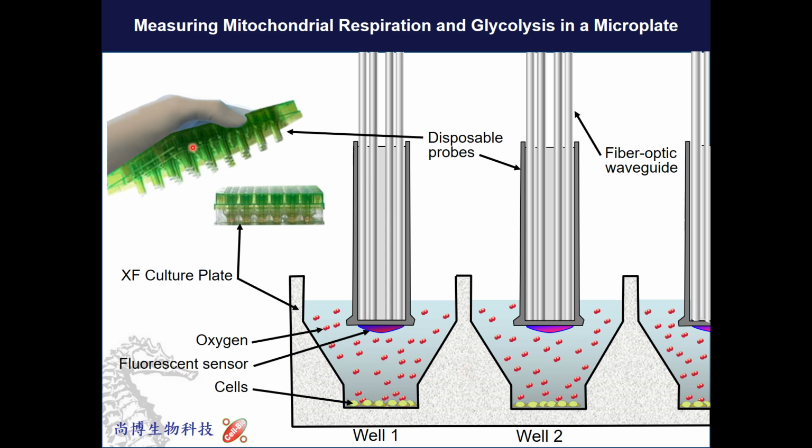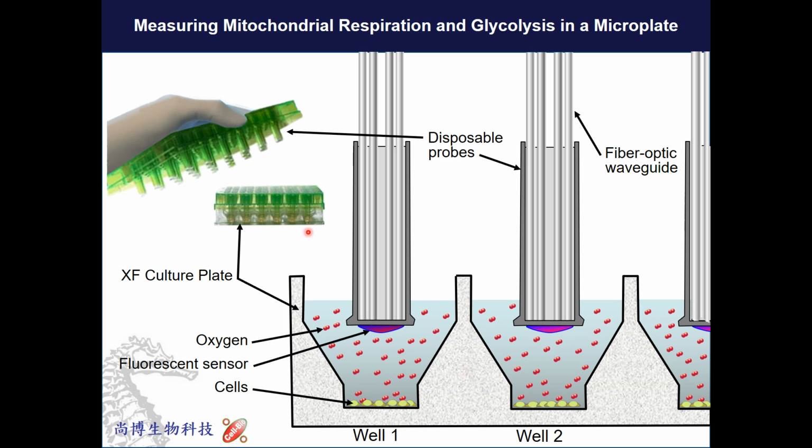So you can see the green part is a sensor cartridge. In TMU, the instrument type is XFe24. So you can see we have a 24 layout. Each tip has two fluorescent probes on the top.